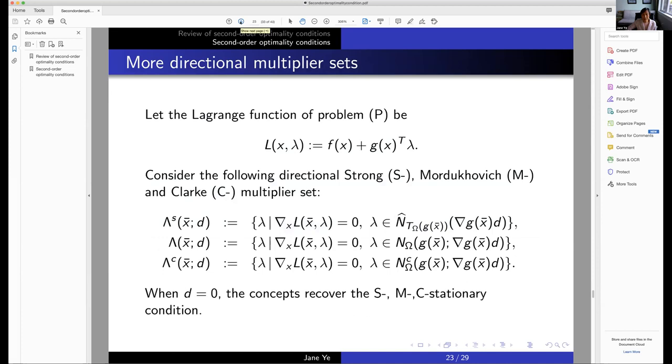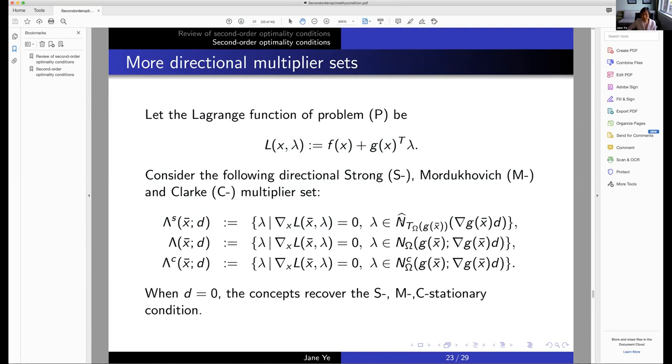Okay, and there are more directional multiplier sets. This one we already use, the Clarke directional normal cone. And what about the regular normal cone?